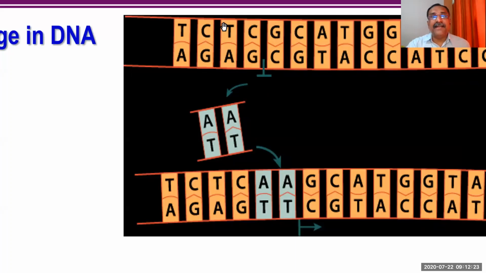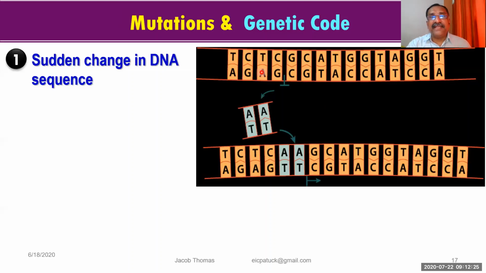This DNA sometimes, due to certain reasons, maybe due to chemical substances, or maybe due to UV rays or radiations and so on, some kind of sudden change may occur.